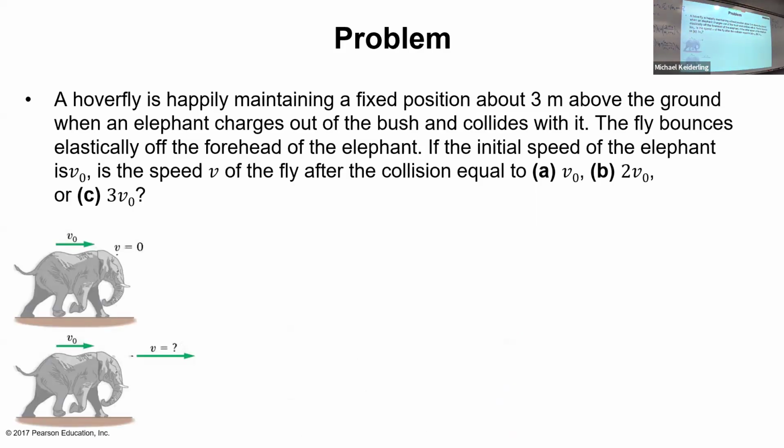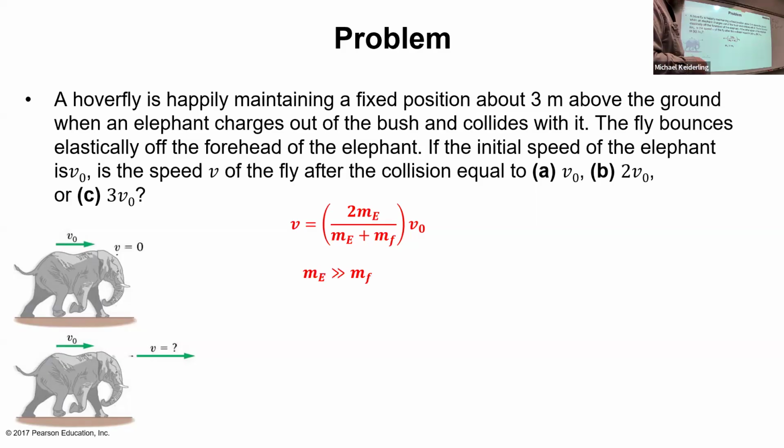So this is fairly straightforward. Our final velocity is going to be just this part of the formula, because our V0 is the velocity of the elephant. That's our V1 initial. And we want to find the final velocity of the fly. So V is going to be 2 times the mass of the elephant over the mass of the elephant plus the mass of the fly, all times V0.